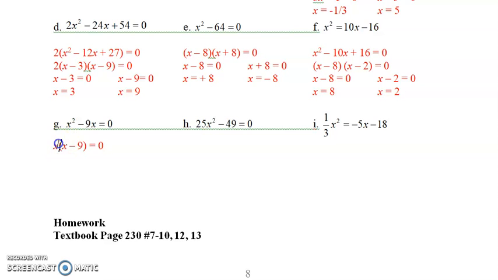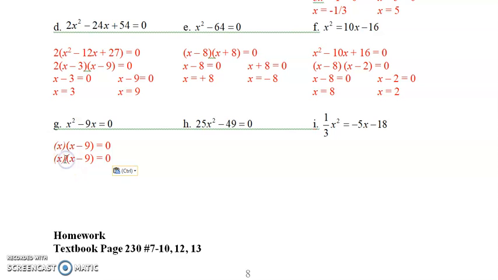Now we set both factors equal. Remember, x is a factor too. I'll put in brackets if you're more comfortable. You don't need to, but you can. So that means that x is equal to 0.